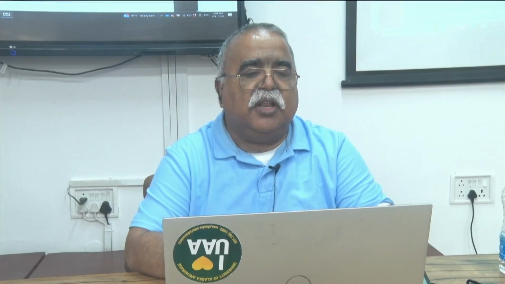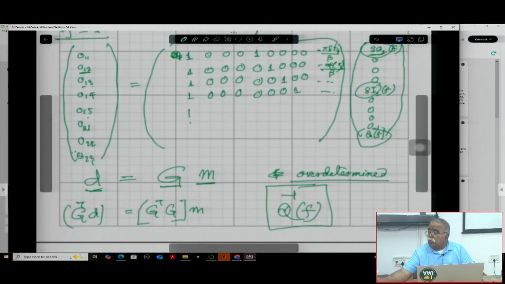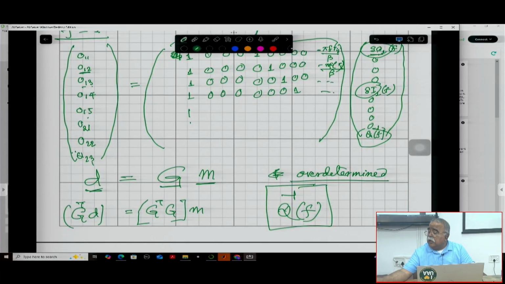The only thing you remember, this G matrix is only 1 and 0. So if some record is present and some site is present, then that site and that source we will be writing as a 1, all others will be 0. So if the first observed source is recorded at the first site, we will be writing them as a 1 and 1, right?